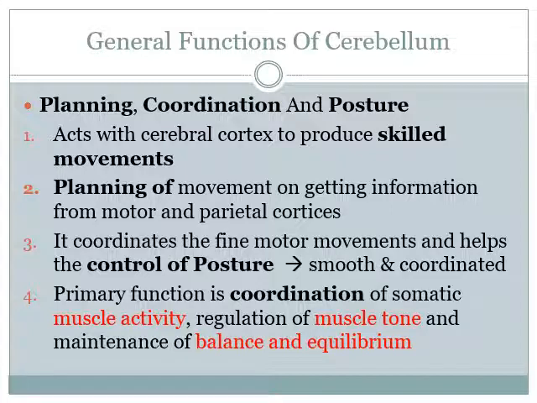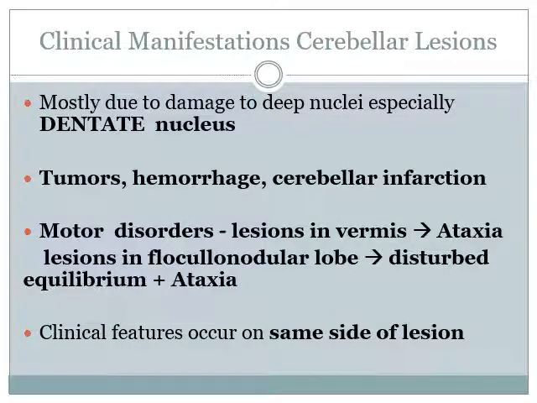Now the general function of the cerebellum. We split the functions of the cerebellum according to different lobes, anatomically, physiologically, and phylogenetically, yesterday. These are just the gross functions: planning, coordination, and posture maintenance. Mostly due to damage of the deep nuclei, for example the dentate nucleus, there are different manifestations of cerebellar disease.